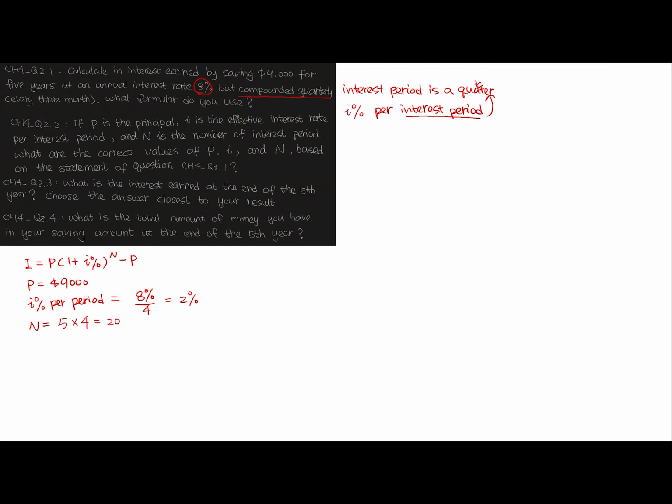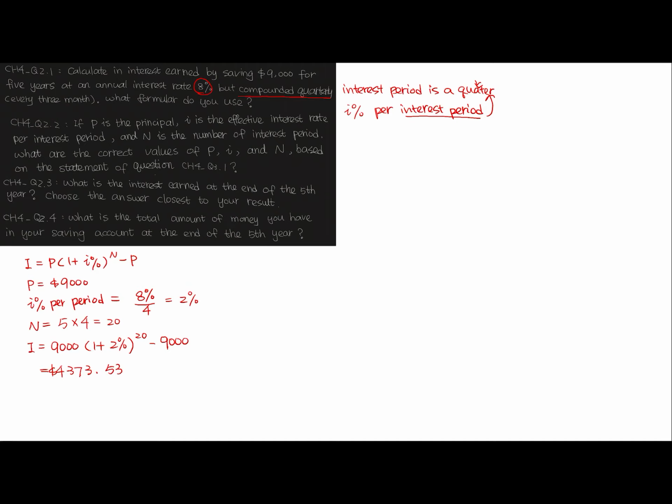And then let's use the formula. 9,000 times (1 plus 2%) to the power of 20, minus 9,000. You see the difference, right? So your answer is going to be 4,373.53.